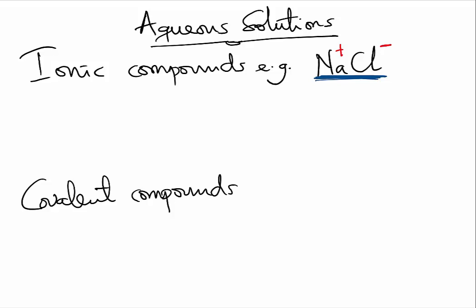The reason is this: anytime a metal reacts with a non-metal, the only relationship between them is that electrons will be transferred from the metal to the non-metal, which means that the metal will become a cation and the non-metal will become an anion.